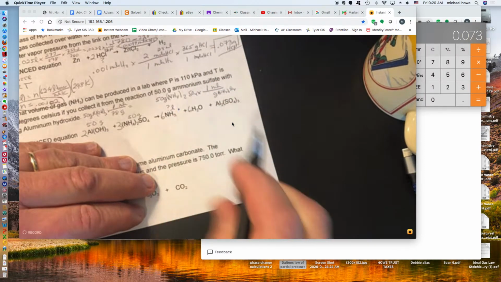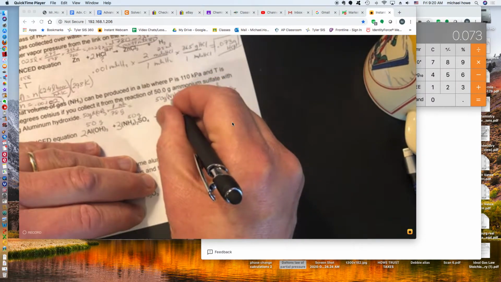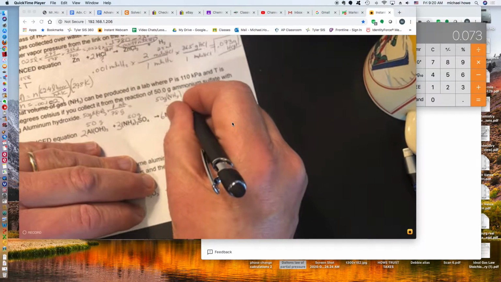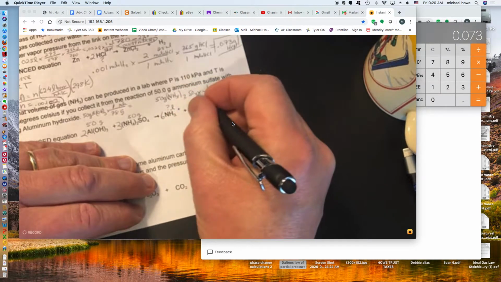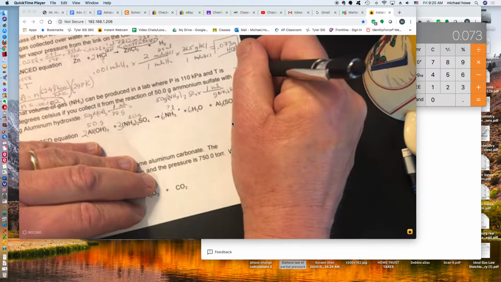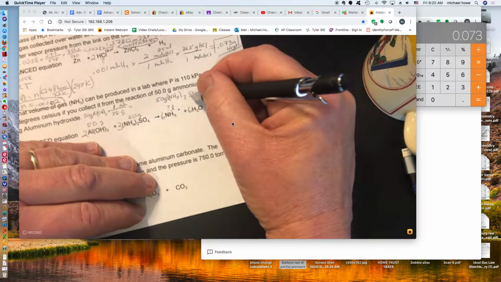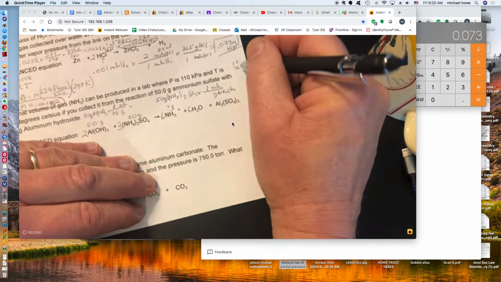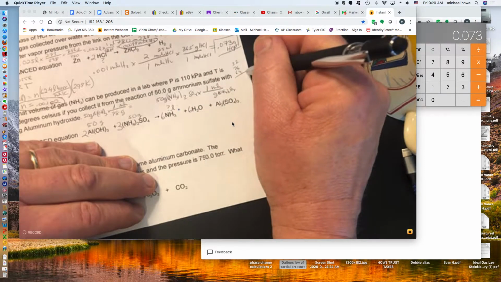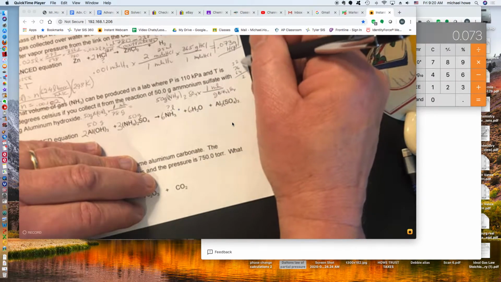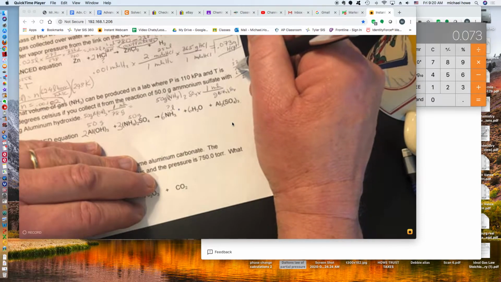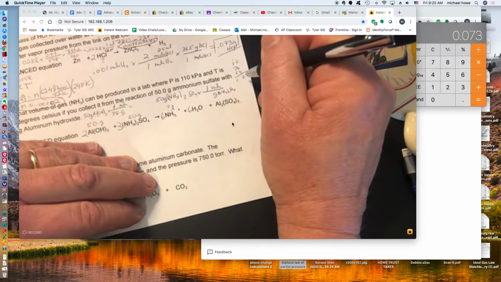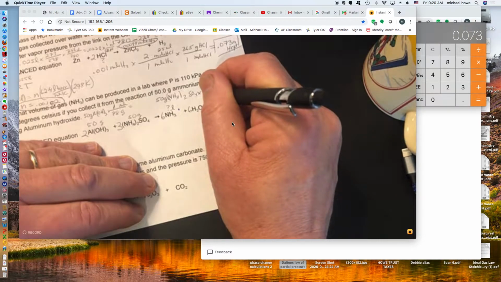This one is 14 plus 4 is 18, 18 times 2 is 36. And then sulfur is 32. Oxygen is 16 times 4 is 64. If you add those all together, you get 132 grams.